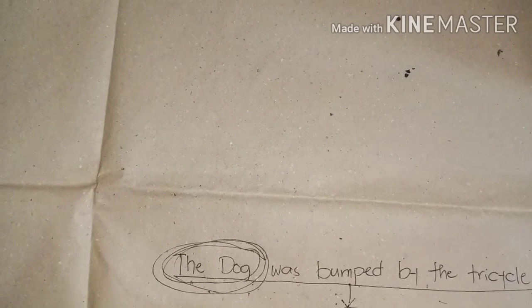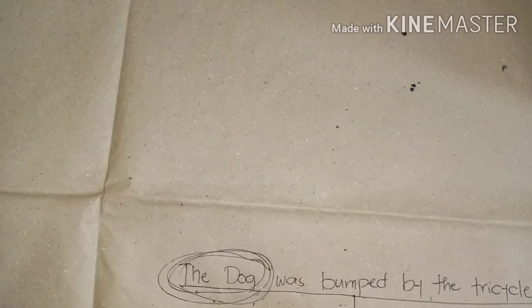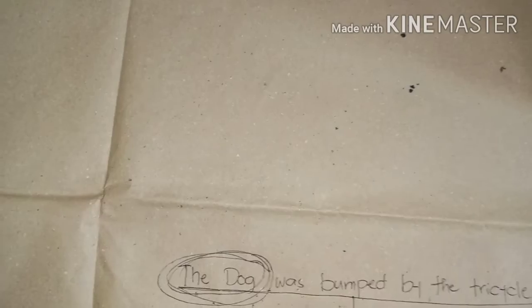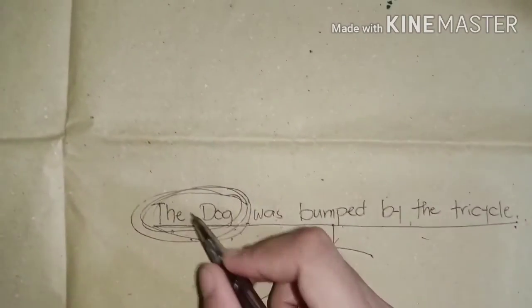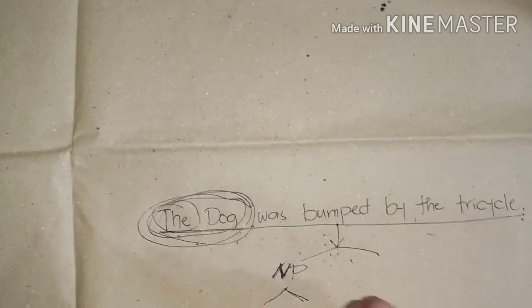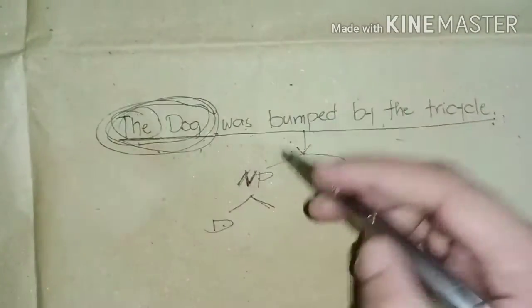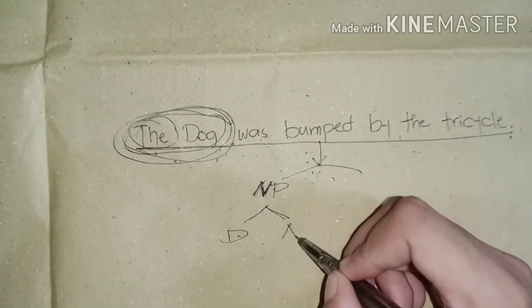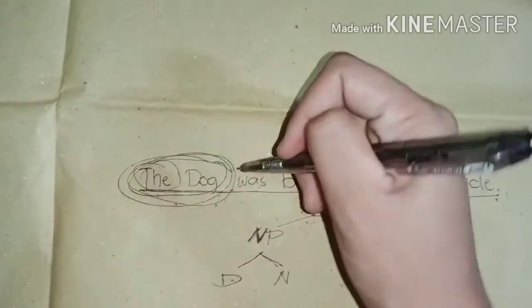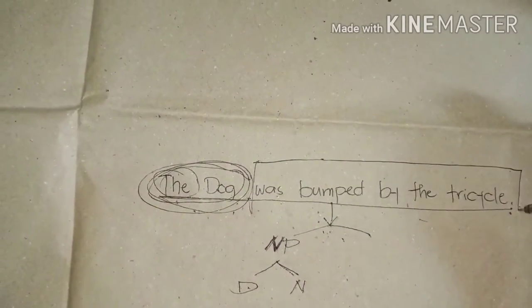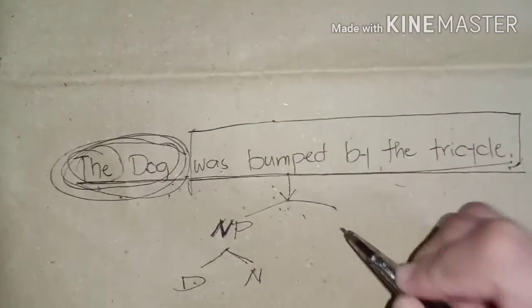So first, we're going to break down these two words. The is a determiner. And dog is what? It is a noun.